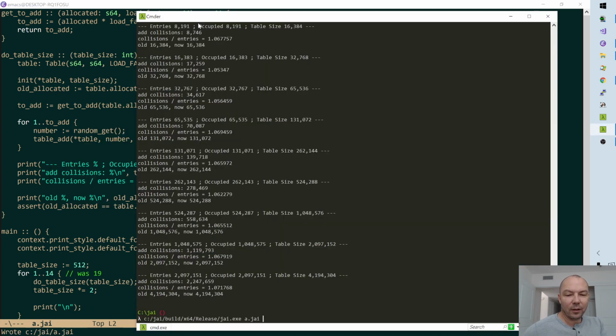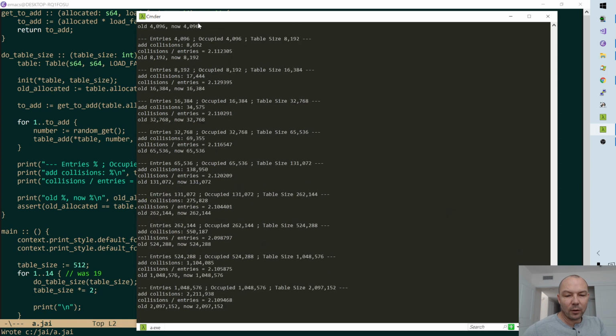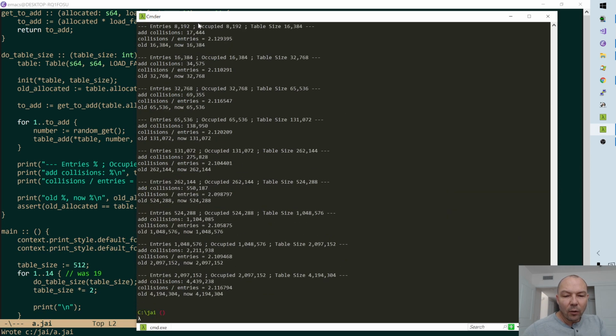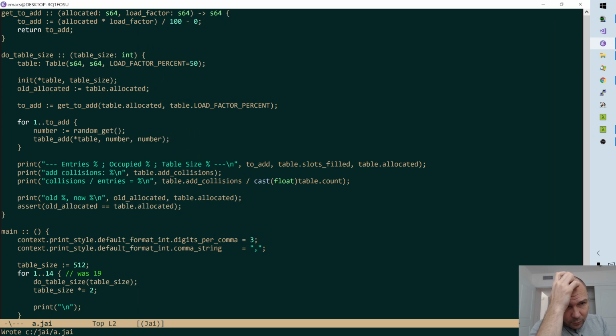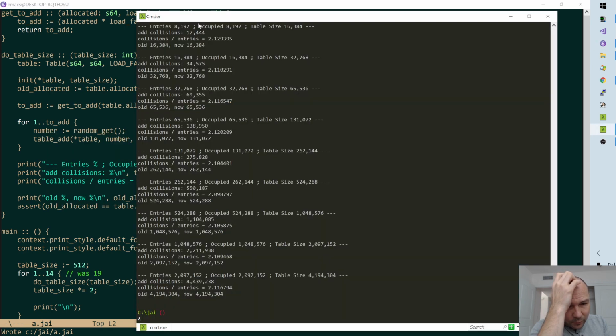All right, now we'll compile and we get 2's. So it has to be expanding the table. And then we're not catching that. Like what? What?